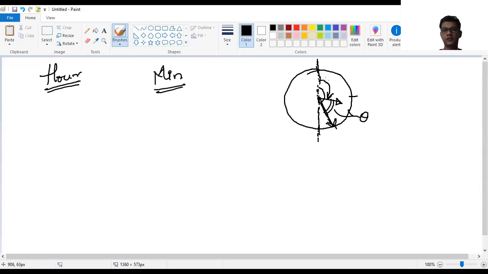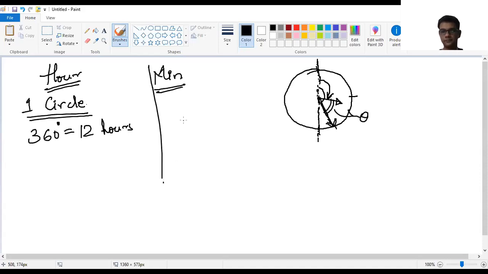So how easy or difficult is it? For that, we need to know the journey made by an hour hand and a minute hand. An hour hand makes one circle or one revolution in how many hours? One revolution is 360 degrees. So an hour hand makes one full revolution, 360 degrees, in exactly 12 hours, 12 to 12.